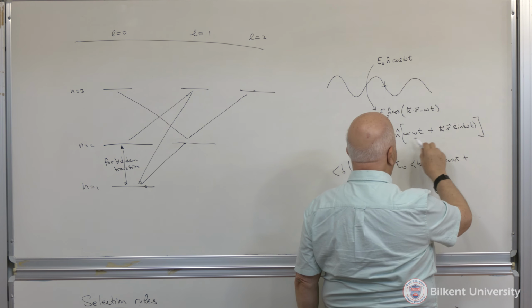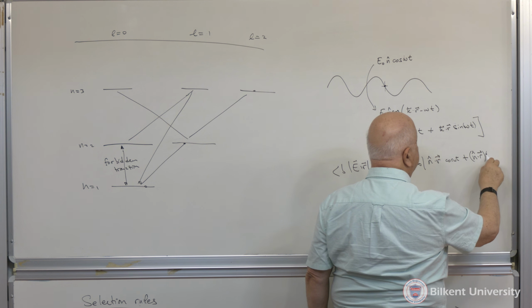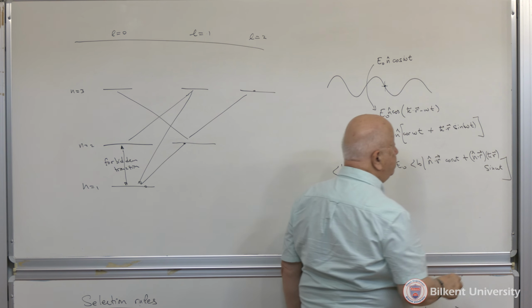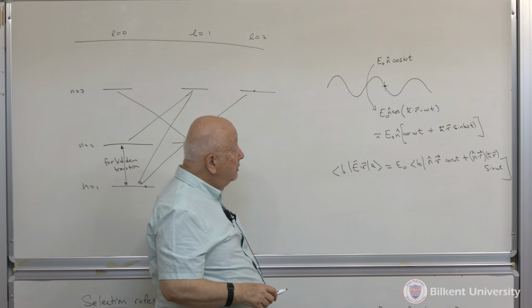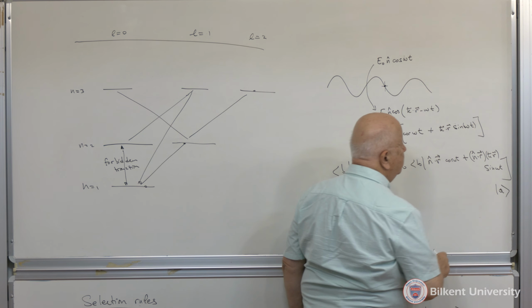But now there's going to be an additional term, which is going to be n dot r times k dot r sine omega t, all right, and the right hand side ket.